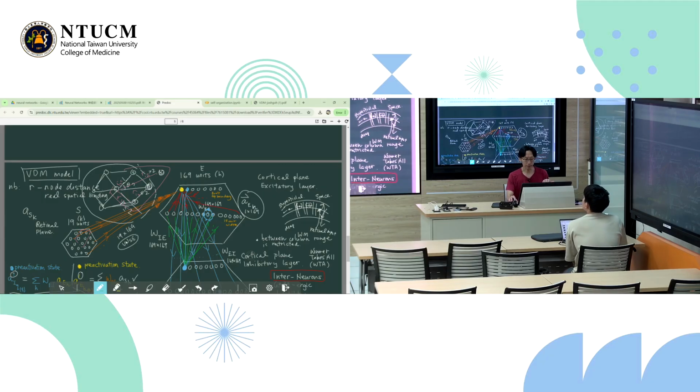Then we have the WSE, which is the weights that connects the excitatory layer from receiving inputs from the input layer. And because the cortical excitatory layer is 169 units, therefore, weights array is going to be 19 by 169. Then we have the within excitatory layer connections, which will be 169 by 169.